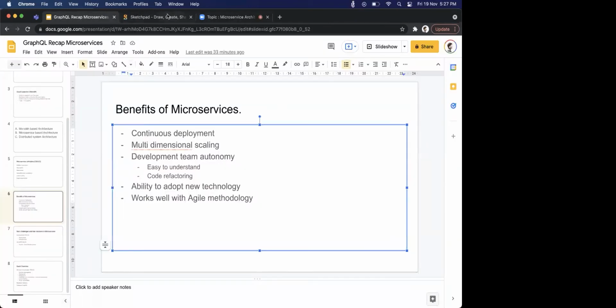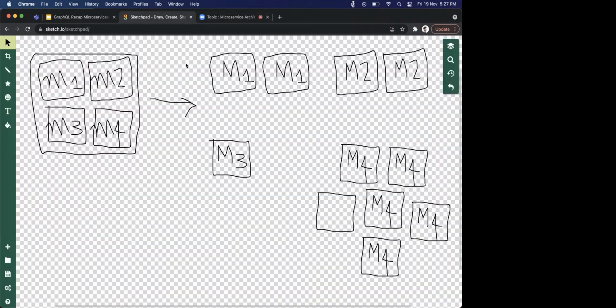And another thing is the ability to adapt new technology. जैसे अभी M4 is responsible for generating account statements. So whenever you are dealing with data, you have to pick a technology which has good libraries to handle the data, and which will process things faster.